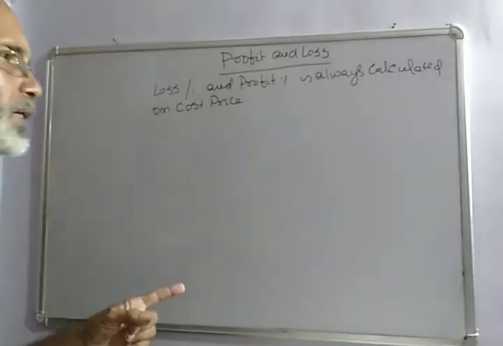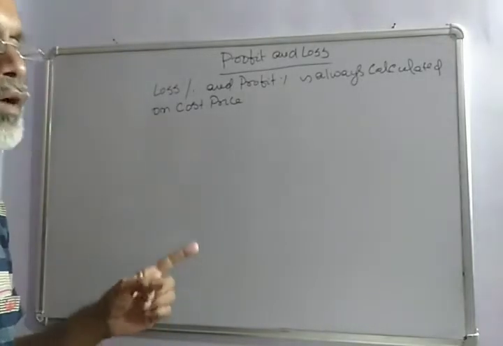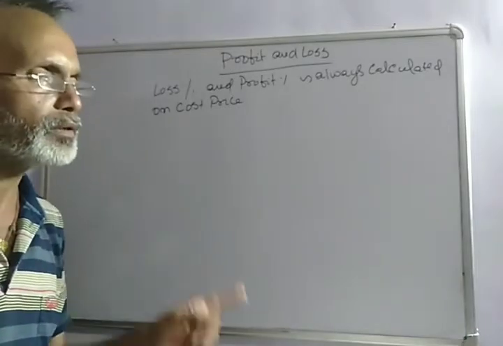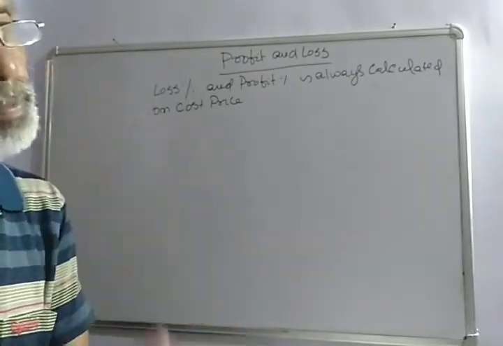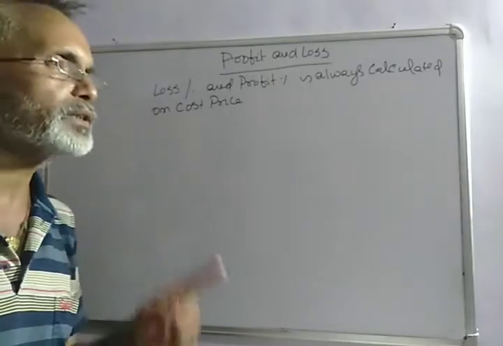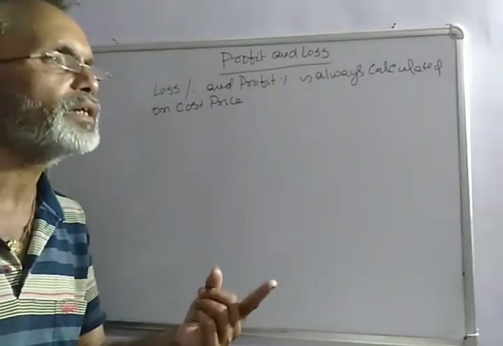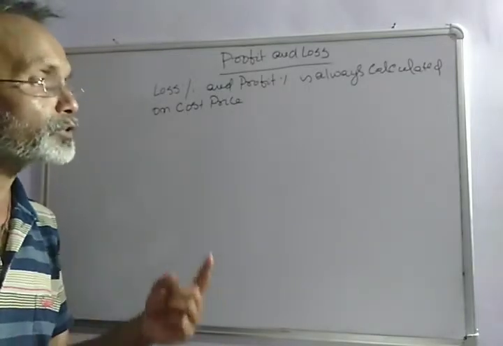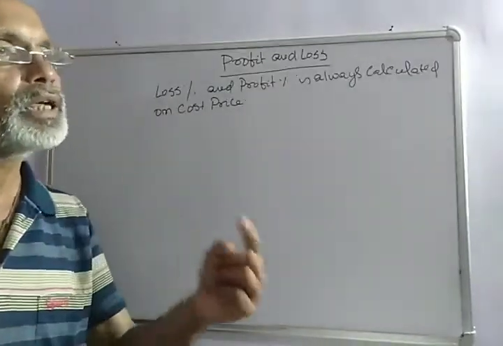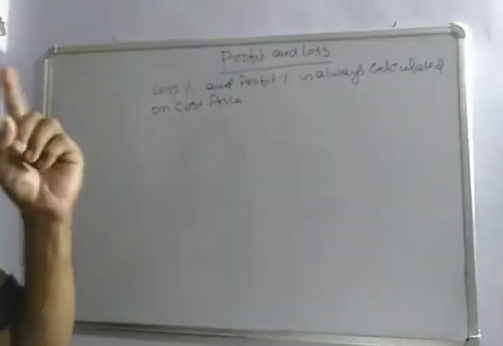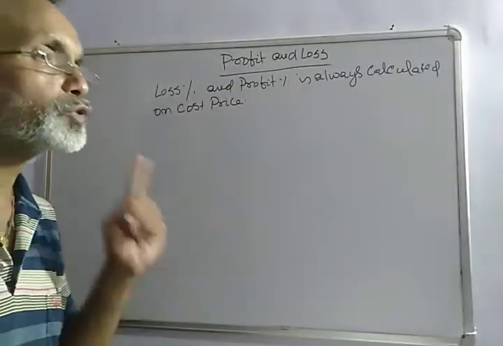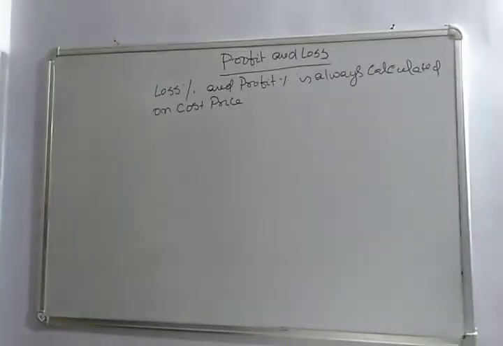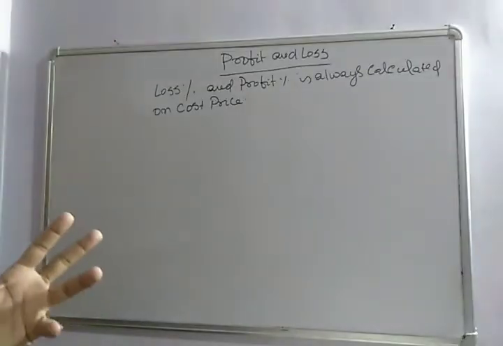If we are taking the cost price of 12 pencils, then we have to find the selling price of 12 pencils. If the selling price is greater, we get a profit, but if the cost price is greater, we get a loss. But remember, the units should be equal. Then only can we calculate the loss percentage and profit percentage.